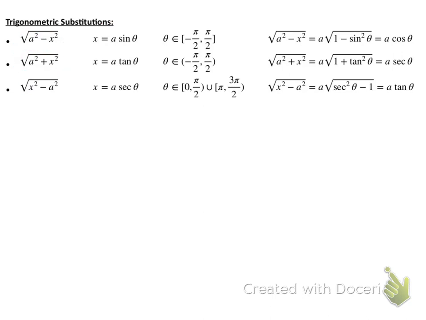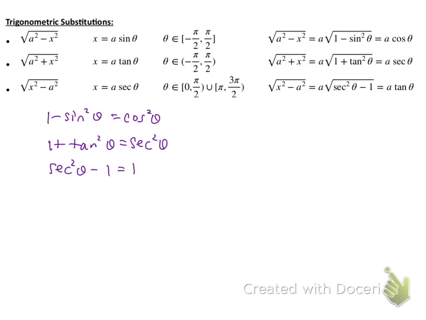Okay? So pretty much what we are using is 1 minus sine squared theta equals cosine squared theta, and 1 plus tan squared gives you secant squared, or secant squared minus 1 gives you tan squared. Those are the formulas you are really using at the end.